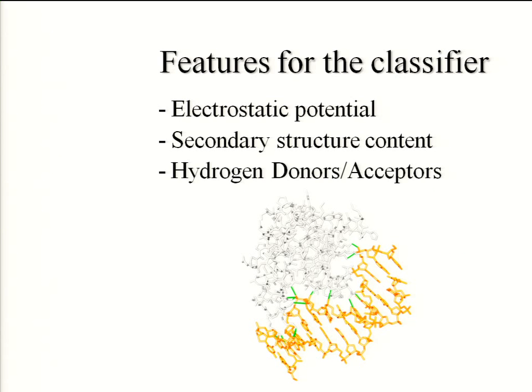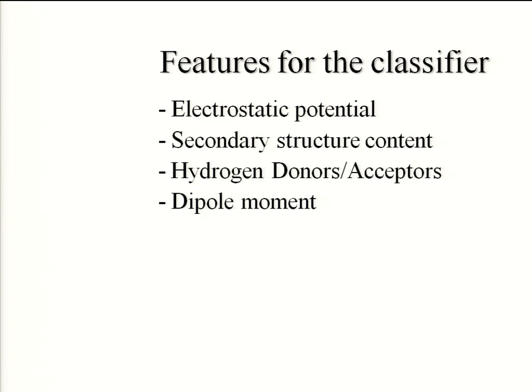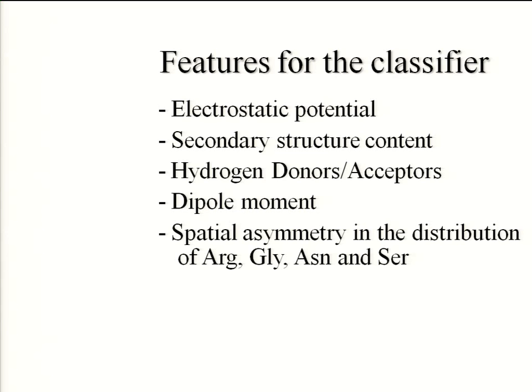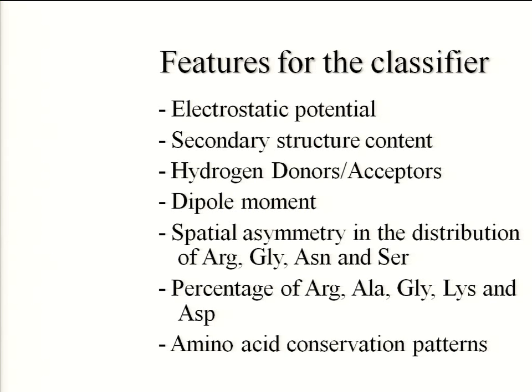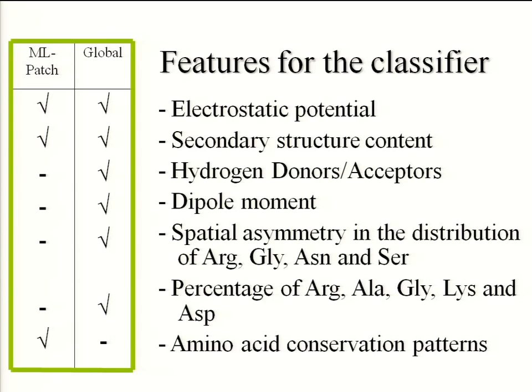Then hydrogen donors and acceptors for the specific interactions, the dipole moment, and spatial asymmetry in the distribution of arginine, glycine, asparagine, and serine, and the percentage of these residues in the protein and in the binding site. Also the amino acid conservation pattern, which was a major factor in the analysis. And here you see that in some cases he included the property on the maximum likelihood patch, and in others in the entire structure, and sometimes the property was included in both.